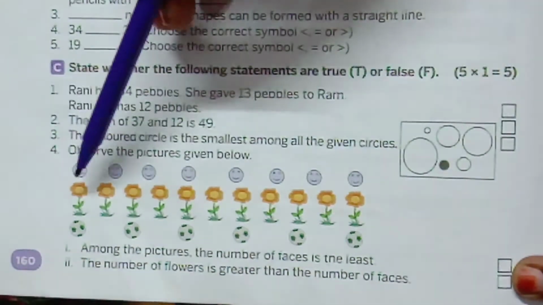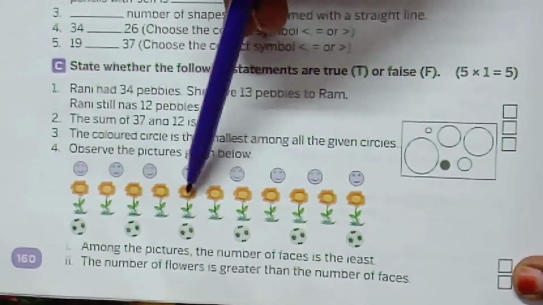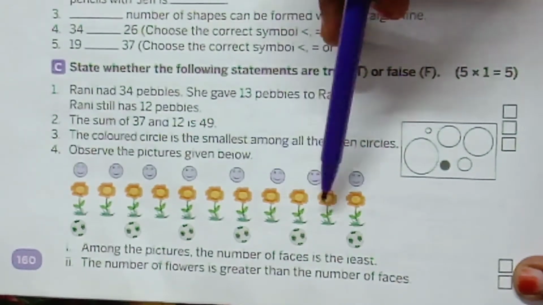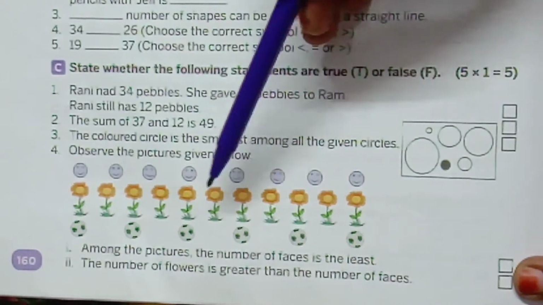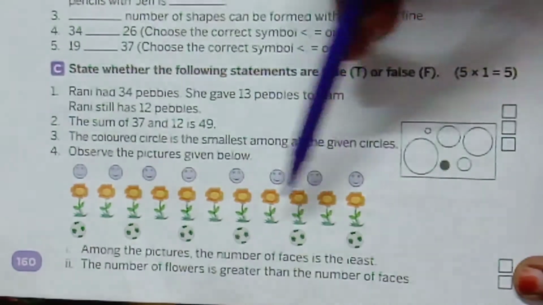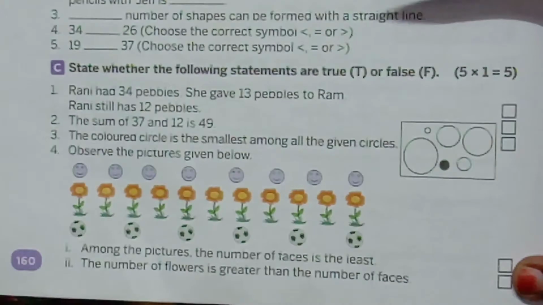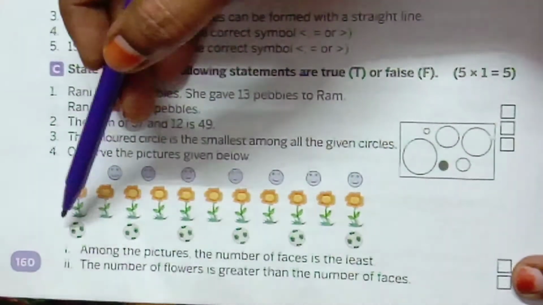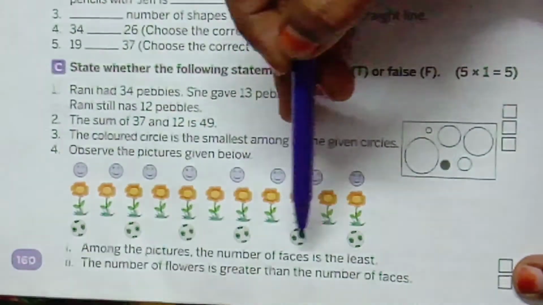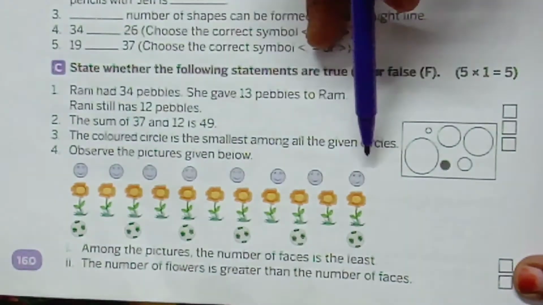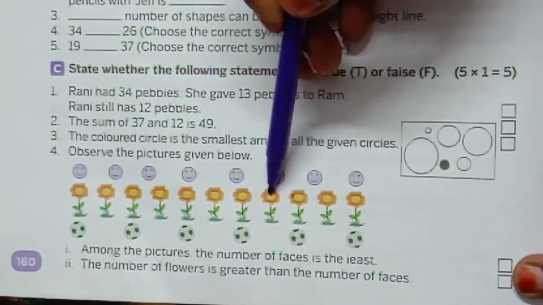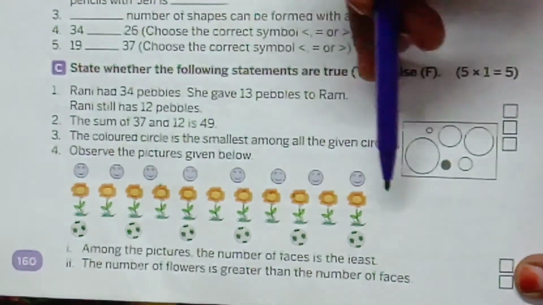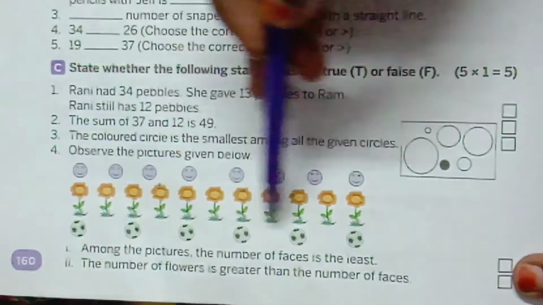How many flowers are there? 1, 2, 3, 4, 5, 6, 7, 8, 9, 10, 11. 11 flowers are there. Next, balls: 1, 2, 3, 4, 5, 6 only. Faces 8. So 11 flowers, 8 faces, 6 balls.